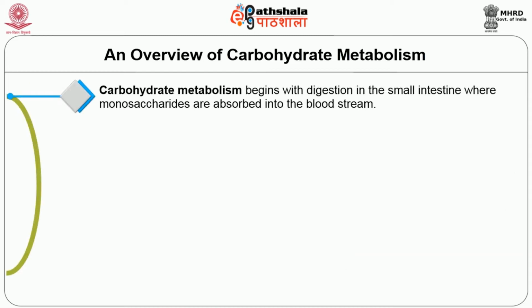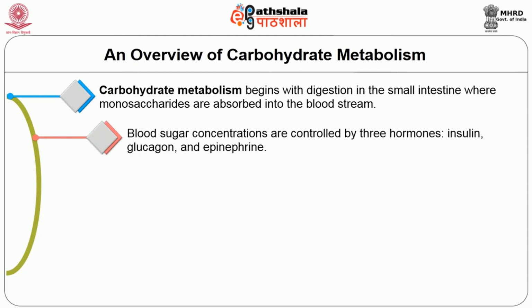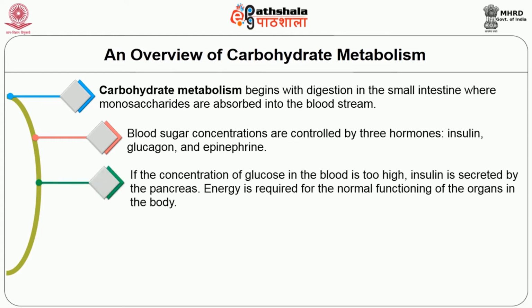Carbohydrate metabolism begins with digestion in the small intestine, where monosaccharides are absorbed into the bloodstream. Blood sugar concentration is controlled by three hormones, namely insulin, glucagon, and epinephrine. If the concentration of glucose in the blood is too high, insulin is secreted by the pancreas.